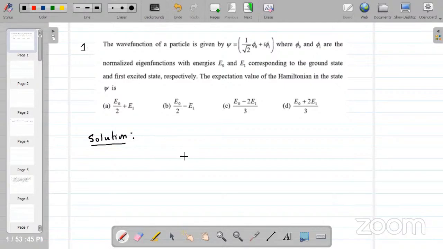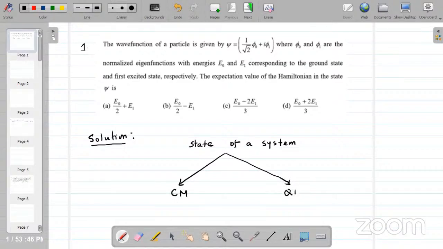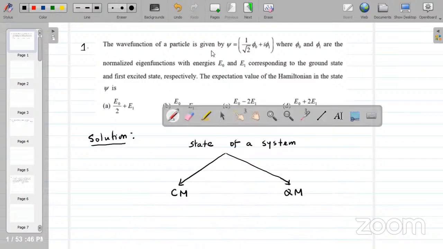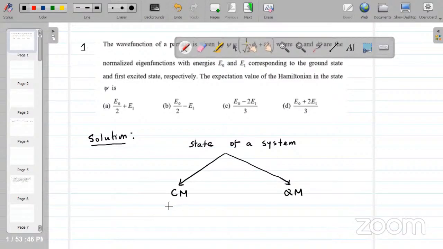Okay. So the main difference if we compare with classical physics: the state of a system, in classical mechanics and quantum mechanics, is characterized by what?